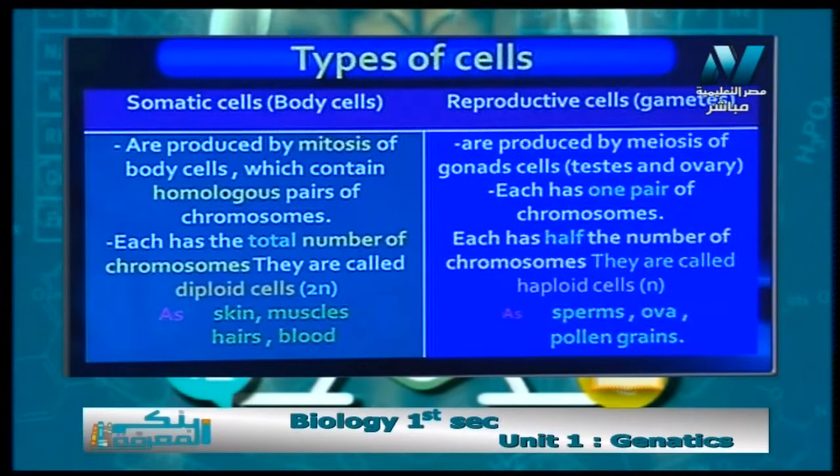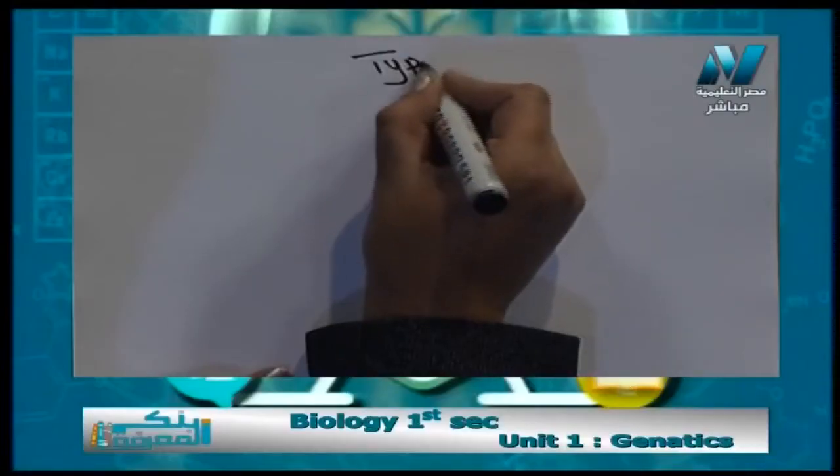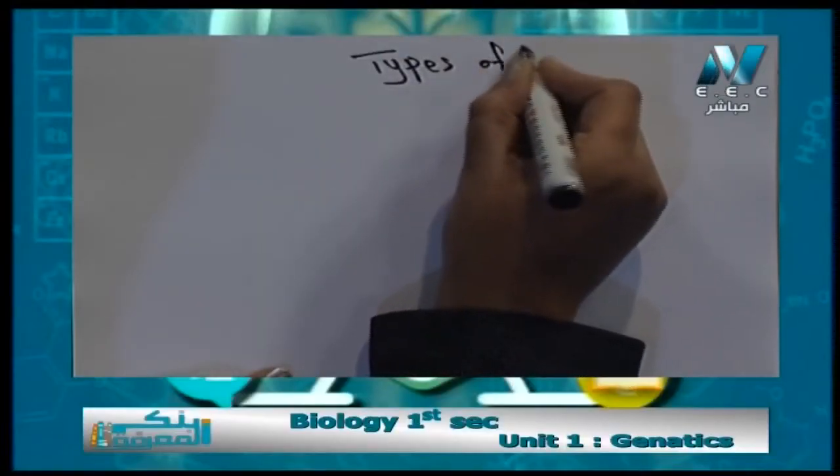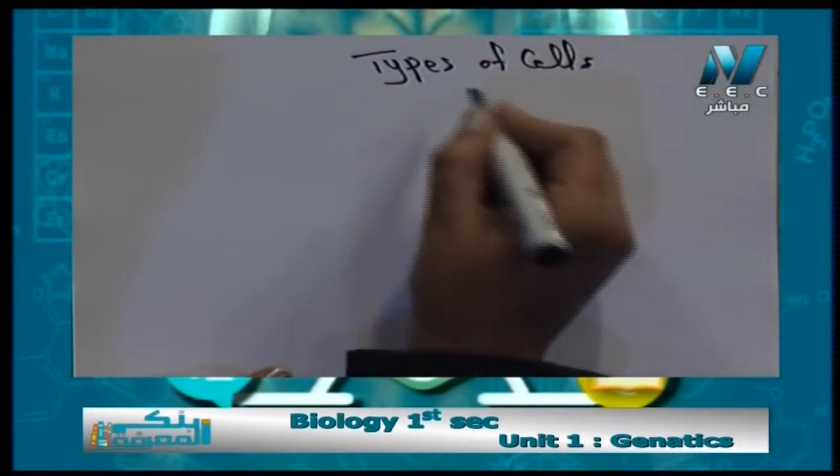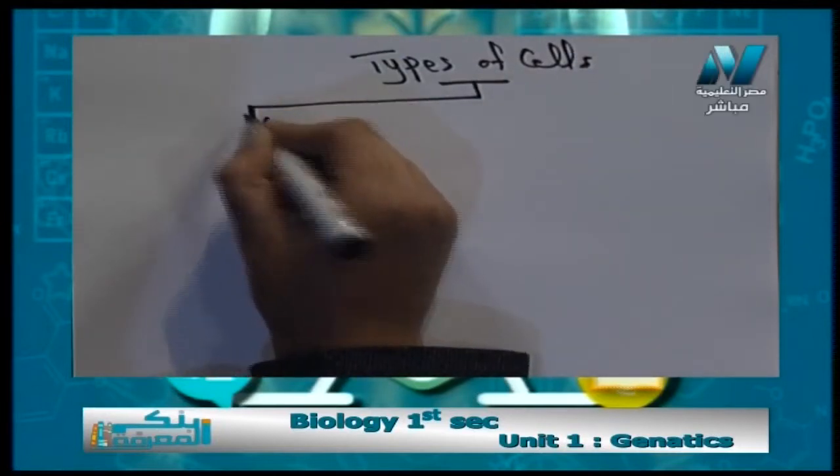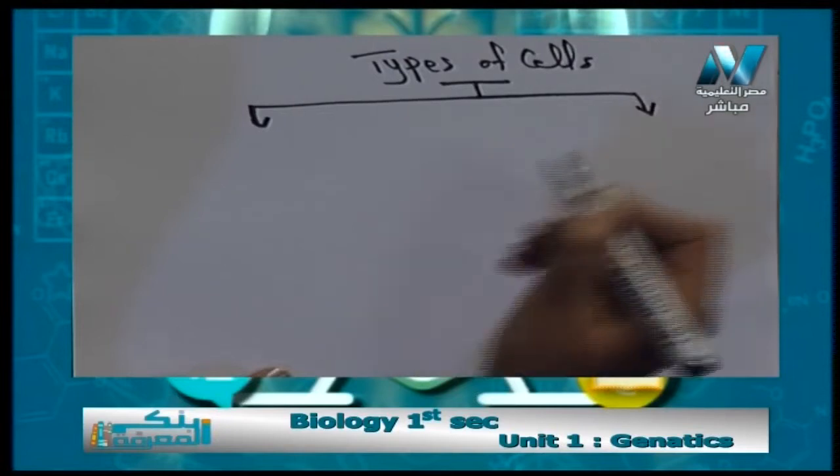Here we must discuss the difference between types of cells in your body. We have 2 types of cells, somatic cells and reproductive cells. We can discuss that in a simple way in front of you. Types of cells. We have 2 types of cells in your body.